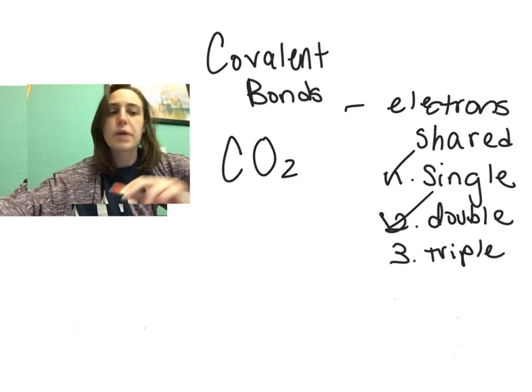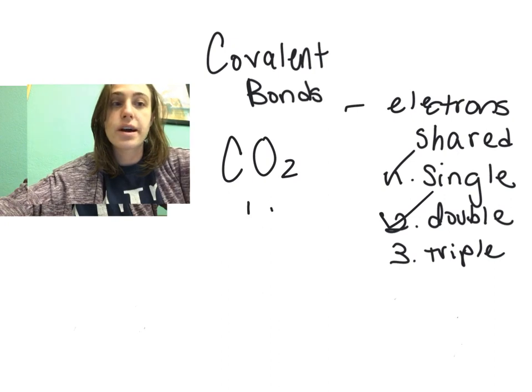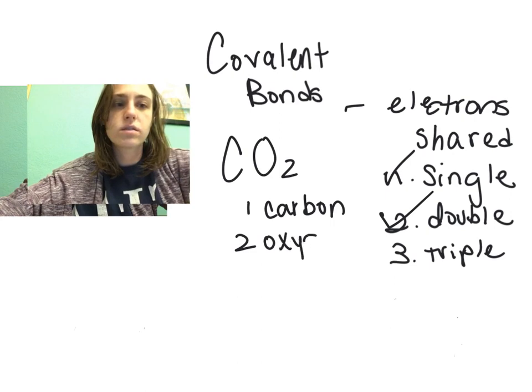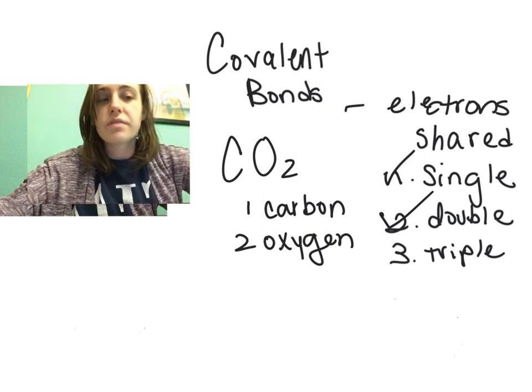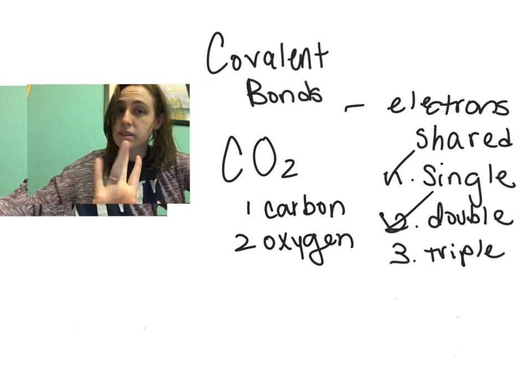Breaking down that chemical formula, we have one carbon atom, and we got two oxygens. Carbon, as we know, has an atomic number of 6 and it has 4 valence electrons.